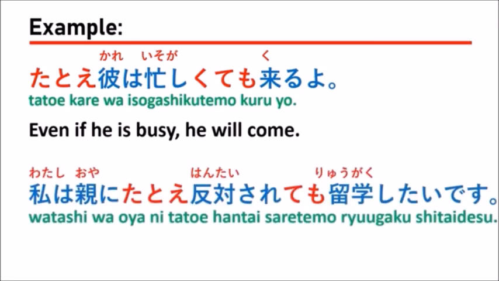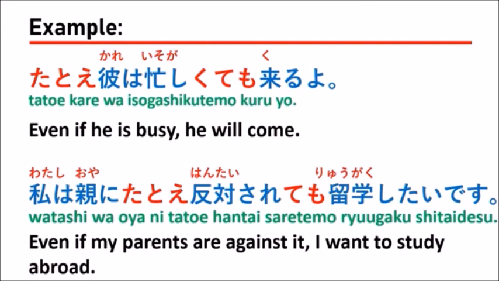The next example. 私は親にたとえ反対されても留学したいです。Which means that even if my parents are against it, I want to study abroad.